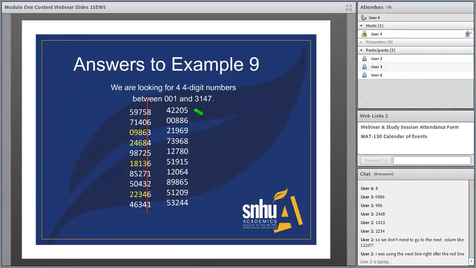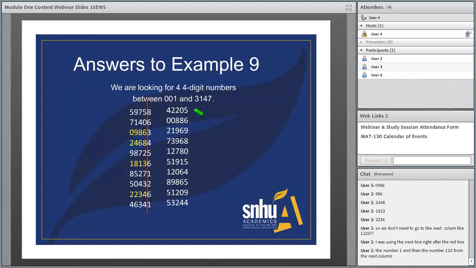The next line right after the red line. The number 1 and then the number 120. Oh, so yeah, got it. So it would be 1120. That's why I couldn't find it. No, that's fine. We only needed four numbers, so we got all four of them.